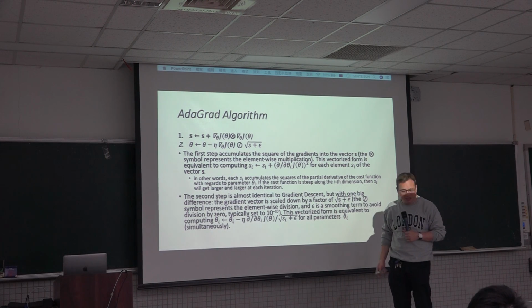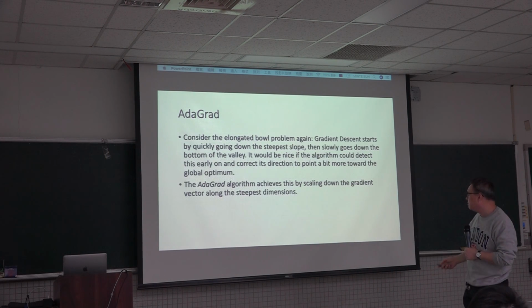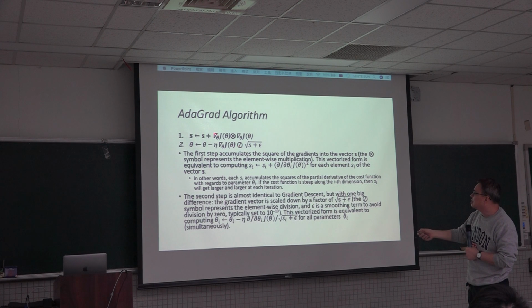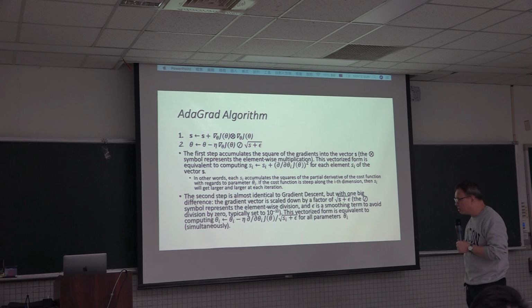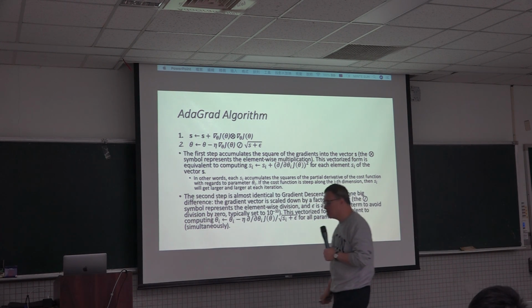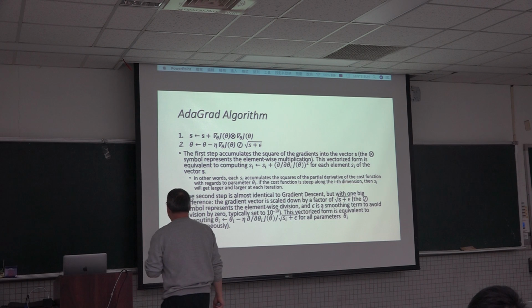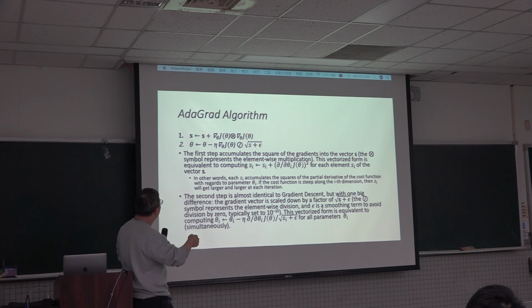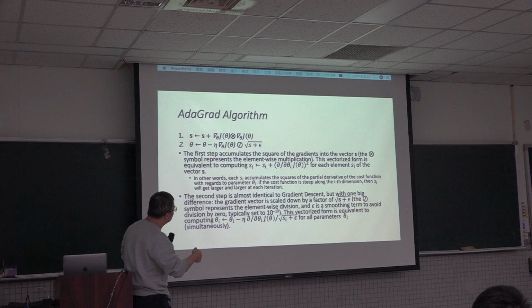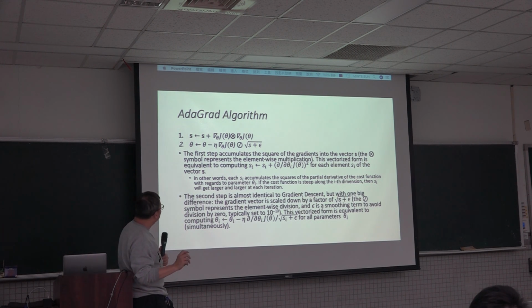So this is the formula for AdaGrad. First, we have S. These are all vectors: S, theta.